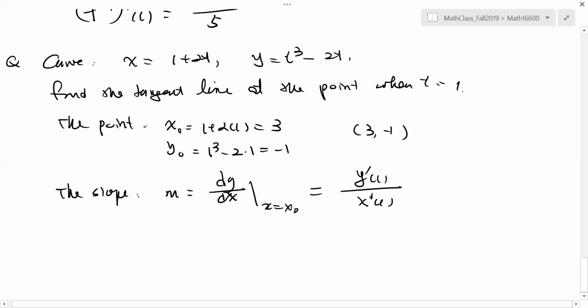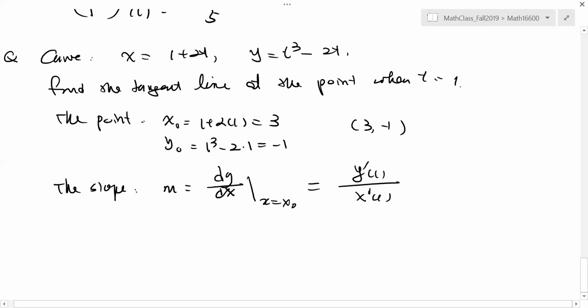we have to find y prime and x prime, find the derivative. That's the formula. You use the chain rule, dy over dt and dx over dt when t equals 1. You find the y derivative, 3t squared minus 2, and the x derivative, 2, when t equals 1.